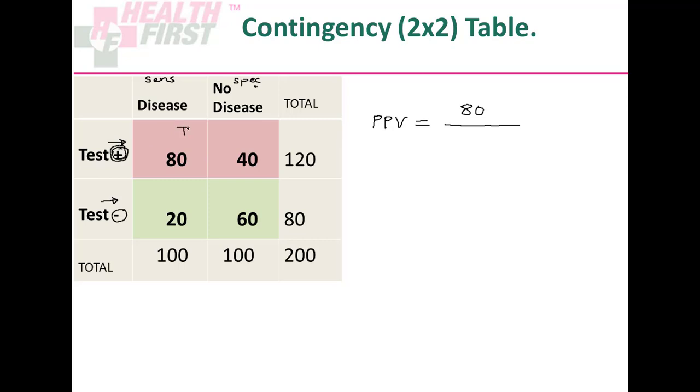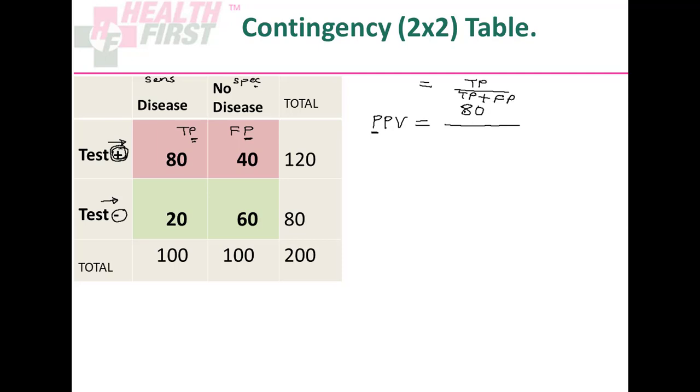Both the true positives and the false positives, right? So we are basically taking all positives, whether true or false, in order to calculate the positive predictive value, right? So actually the formula itself will be true positive divided by true positive plus false positive.